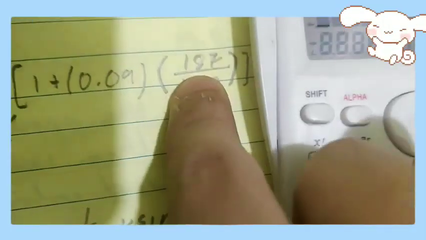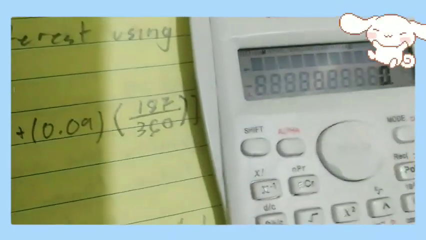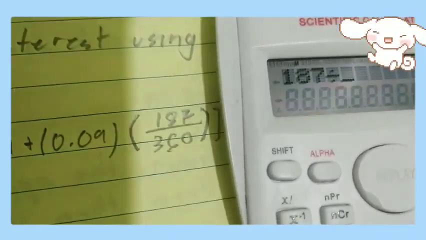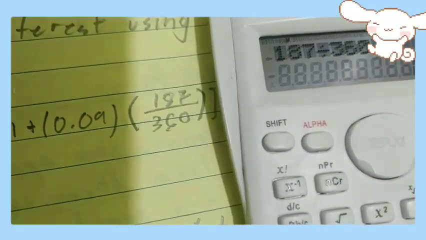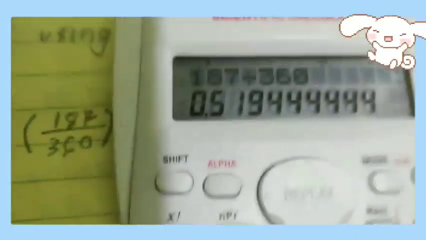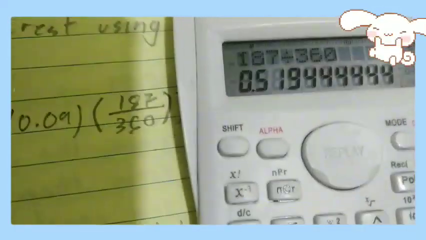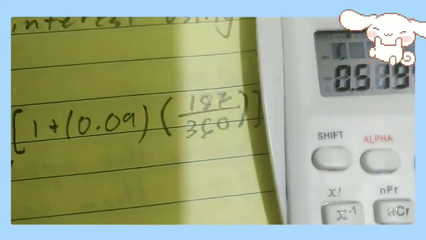So we have to compute it first again. 187 divided by 360 equals that. And quickly press close parenthesis and type in your rate.